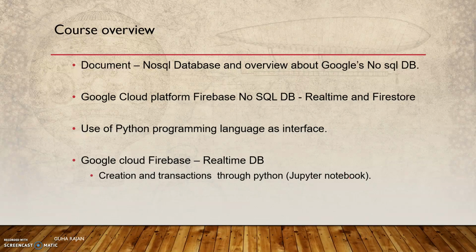And then I'll be getting into the Google Cloud Firebase real-time database, then creation of the real-time database, and the transactions through Python. I'll be using Jupyter Notebook, which I found to be much more effective, and for information, Jupyter Notebook is also extensively used in machine learning.